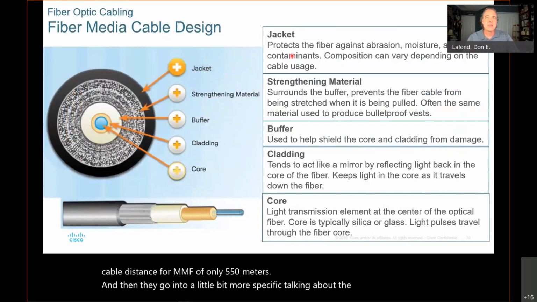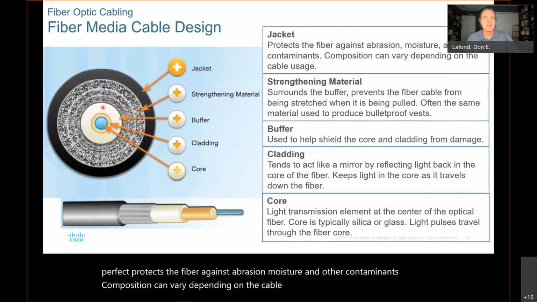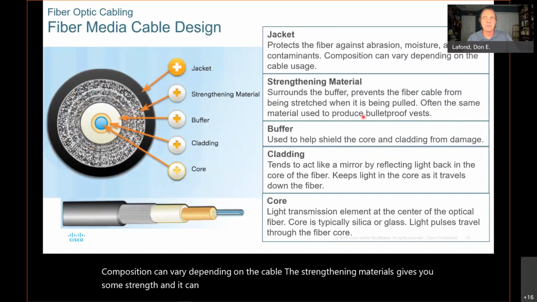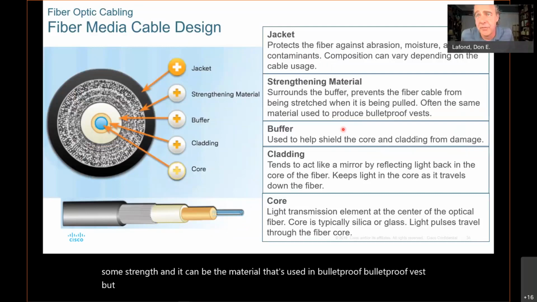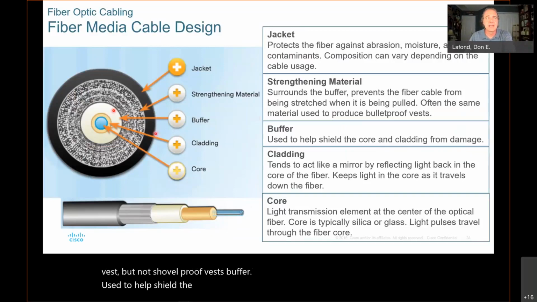So the jacket protects the fiber against abrasion, moisture, and other contaminants. The composition can vary depending on the cable. The strengthening materials give you some strength, and it can be the material that's used in bulletproof vests, but not shovel-proof vests. Buffer is used to help shield the core and cladding. The cladding is here, and I find it interesting.